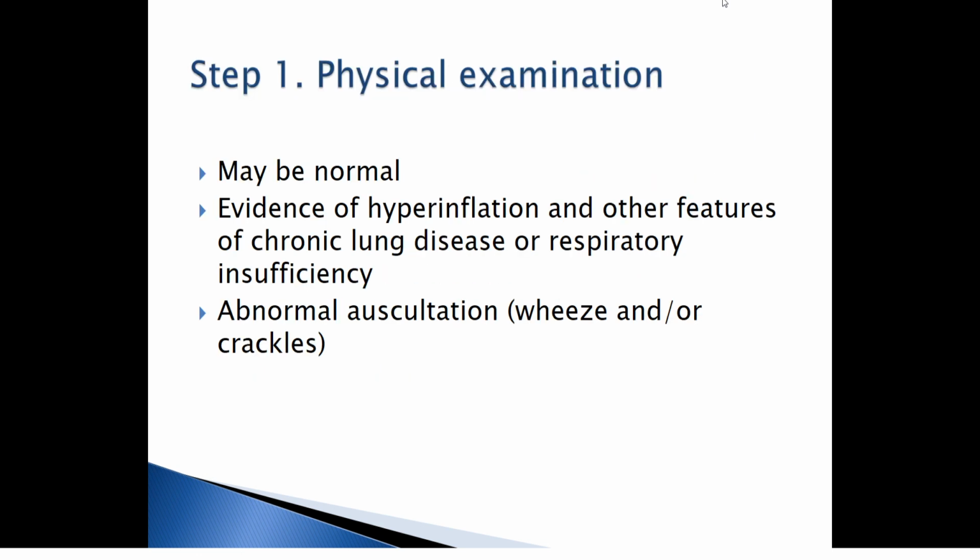Next one, which is included in step 1, is physical examination. It can be normal, especially in patients with asthma. Without an attack there may be normal vesicular breathing and no complaints. All symptoms develop during an attack. Evidence of hyperinflation and other features of chronic lung disease or respiratory insufficiency are more typical for COPD, which is a combination of chronic bronchitis and emphysema.